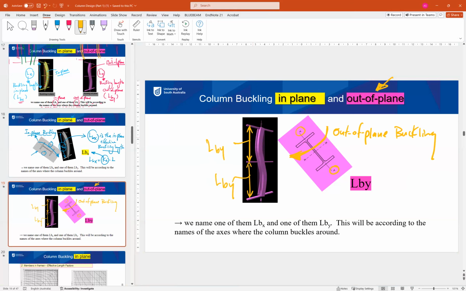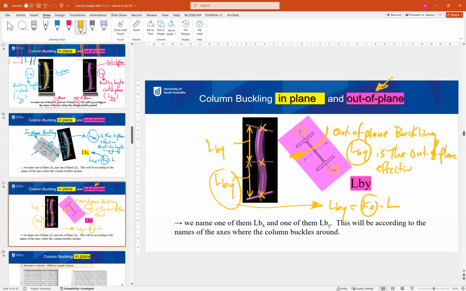We will see now why, but because we have a support in the middle, this support will make LBY equal to K effective times L. And LBY is defined as the out-of-plane effective buckling length. Okay? Any questions, guys?